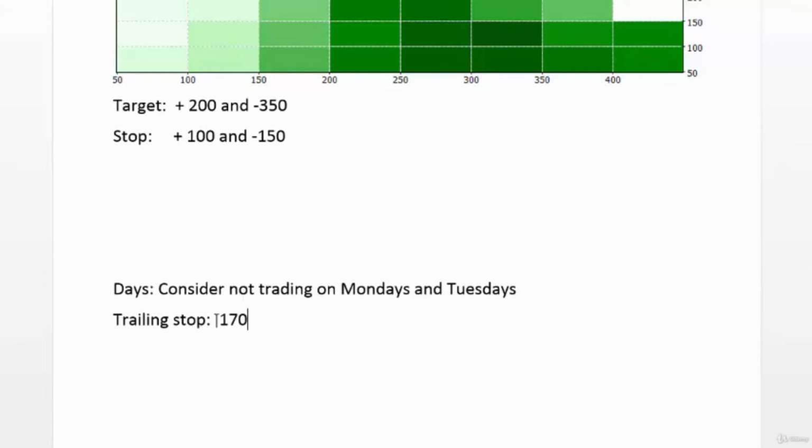Also, trailing stops, we didn't do any multi-dimensional graphs for trailing stops, but 170 seems to be the optimal trailing stop for this particular system on a number of tests that we've done. So now we basically have all the ranges for settings.